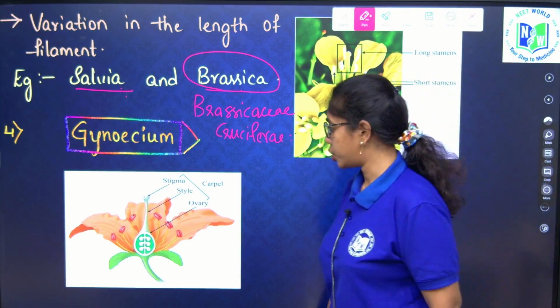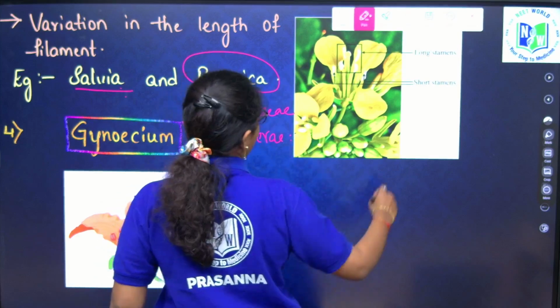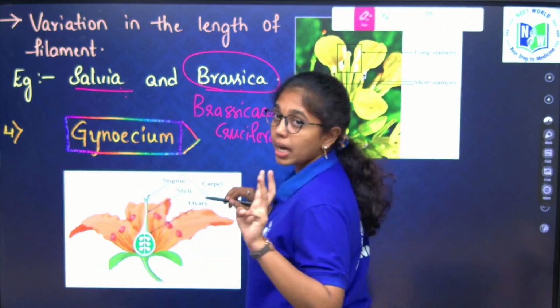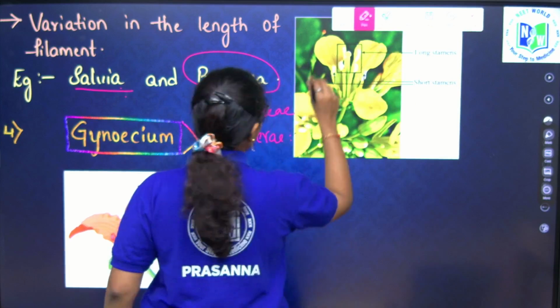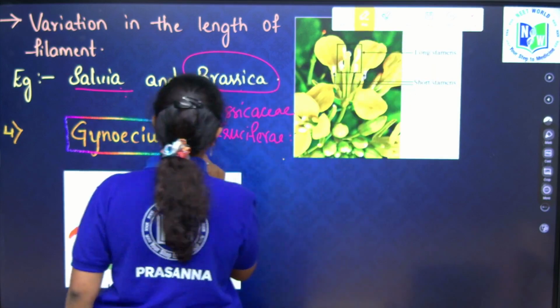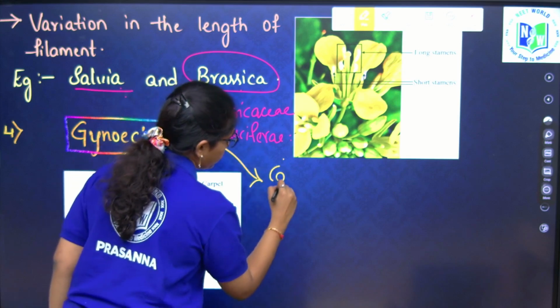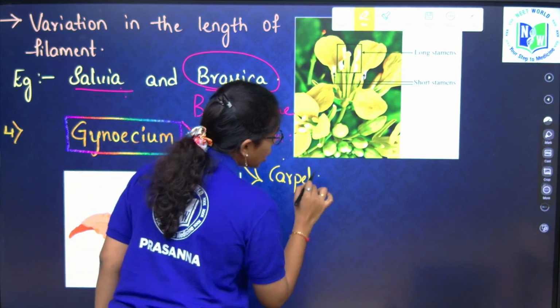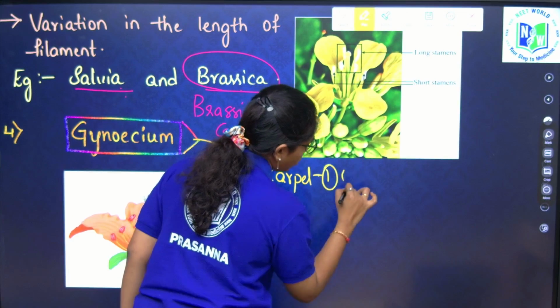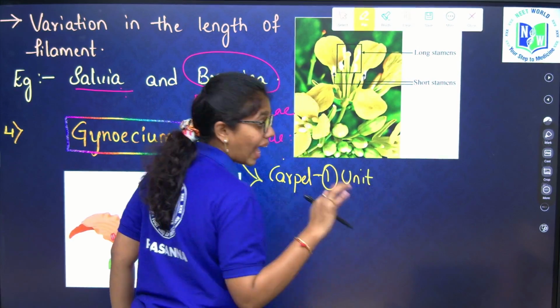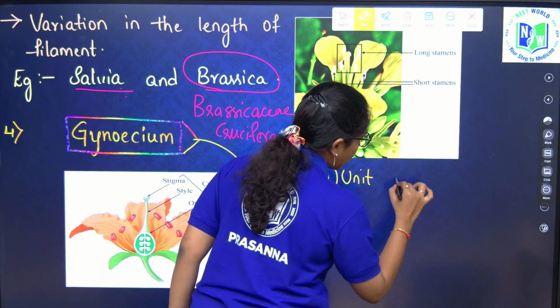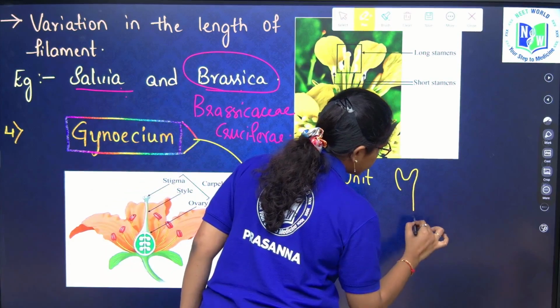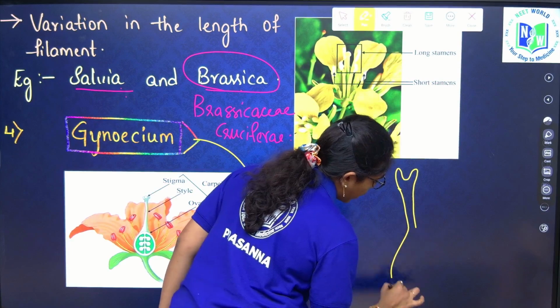Next it is gynoecium. We have already discussed that gynoecium consists of carpels. Each unit of carpel will have 3 structures: stigma, style and ovary.